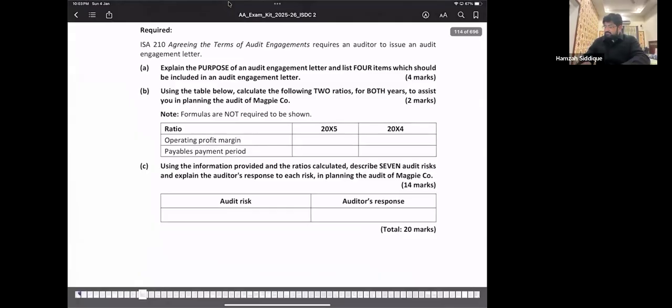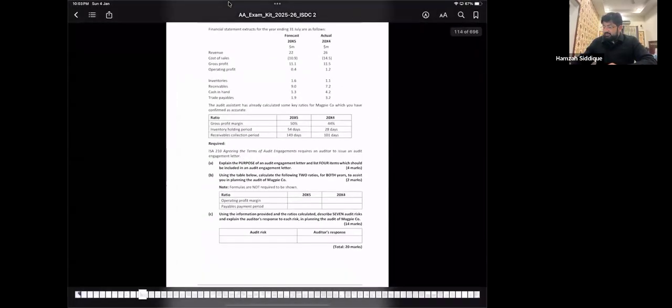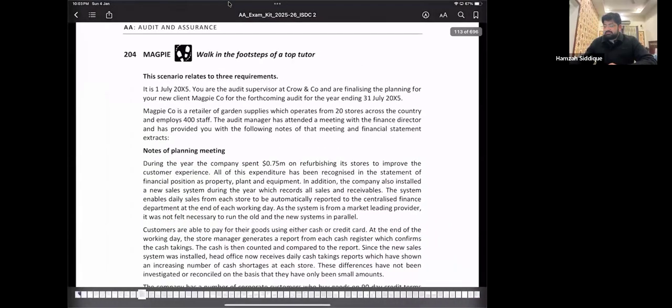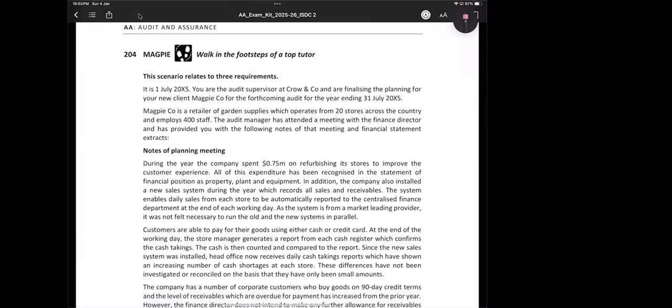Salmon oil risks. You need to calculate some ratios, they said, and salmon oil risk. So please open this question, Magpie. Read it once. Take 5 minutes. I will analyze it with you in 5 minutes.